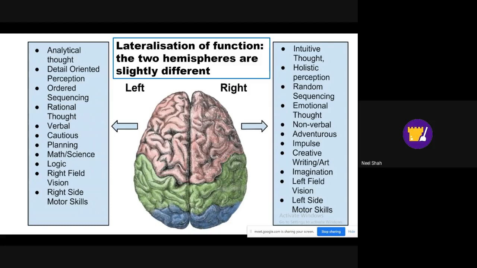Would you two agree that this is how you would describe yourselves? So, John, for example, would you see yourself as more left-brained? Yeah, you would. Okay, Aisha, would you see yourself as more right-brained? It's a bit mixed, a bit of a mix.